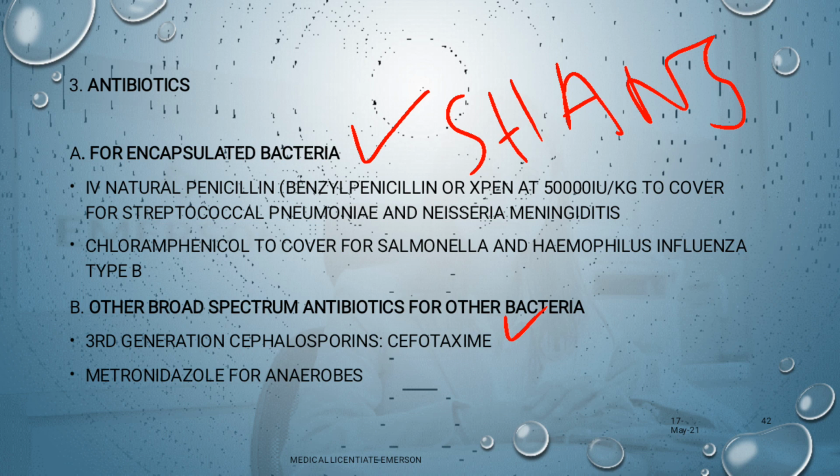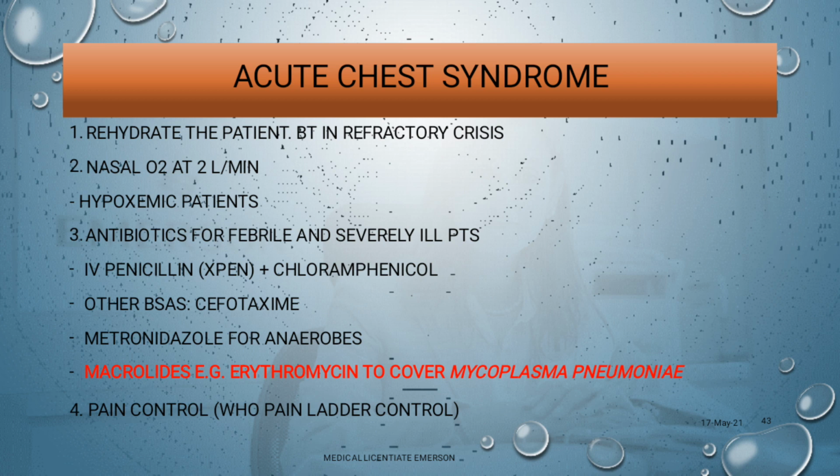and metronidazole for anaerobes. Then in terms of acute chest syndrome, of course you have to rehydrate the patient and, in refractory crisis, give nasal O2. You can start at 2 liters per minute, then escalate as circumstances arise, for hypoxemic patients.